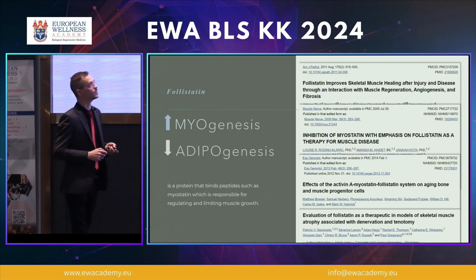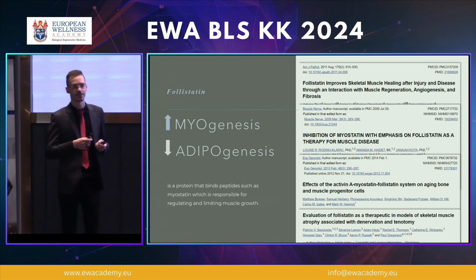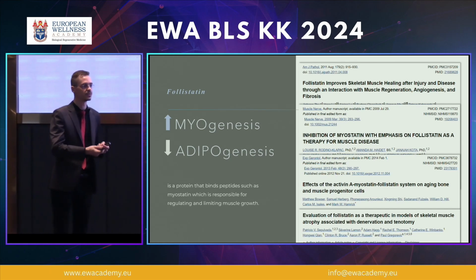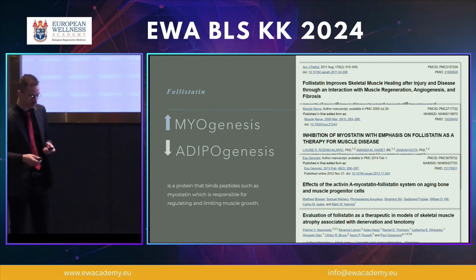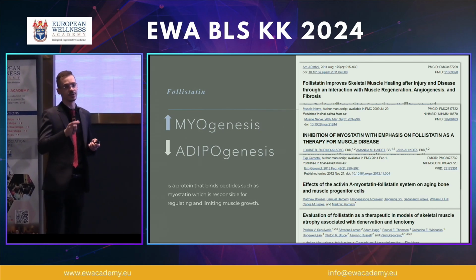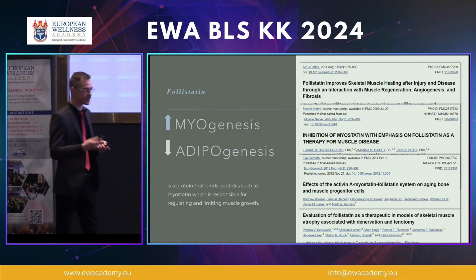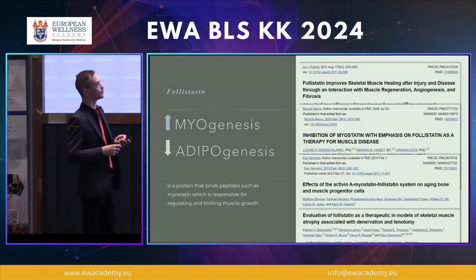There are multiple publications advocating for that. On top of that, if we are binding myostatin, it not only increases our muscle mass, but it also decreases osteoclast activity, which means that the bone resorption process also decreases.